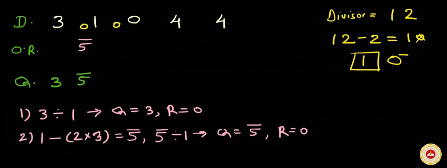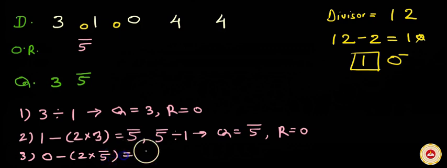Now next step is 0 minus what to subtract? 2 times last quotient digit, which is negative 5, which gives us 2 5s are 10, that is minus 10, minus minus 10, that is plus 10.